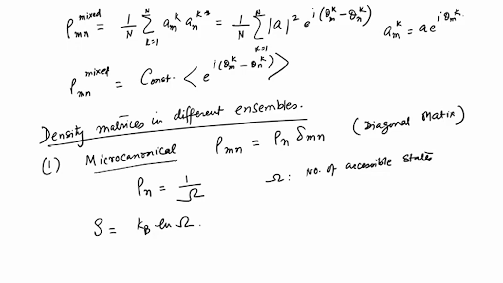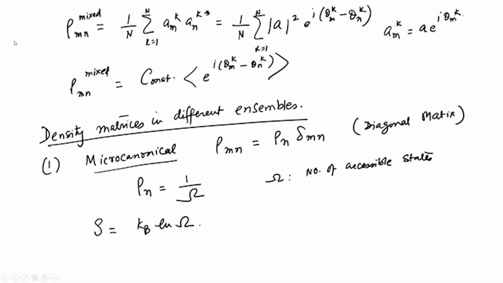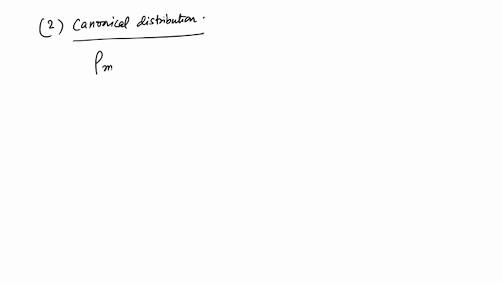Going to the canonical, it is easy to see what it would be. In the canonical distribution, one has this again diagonal.